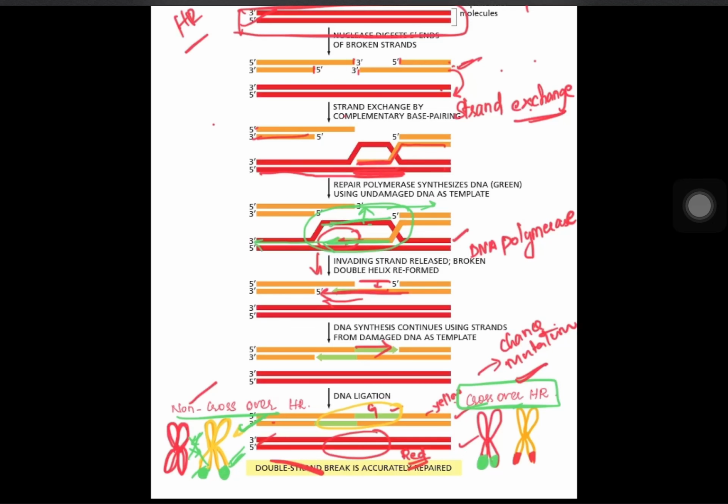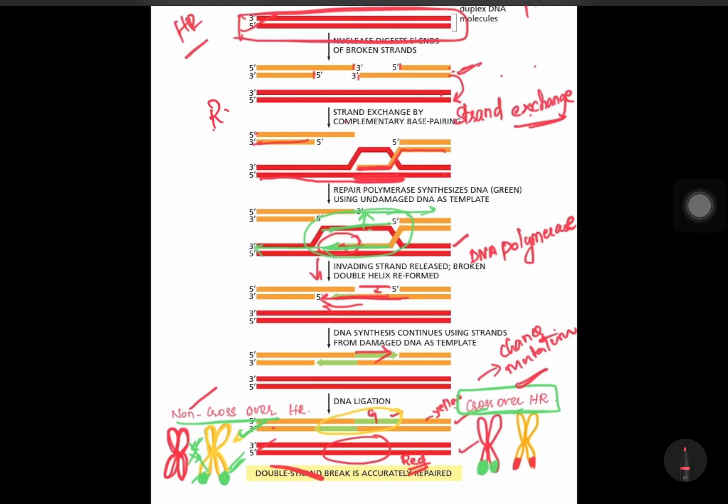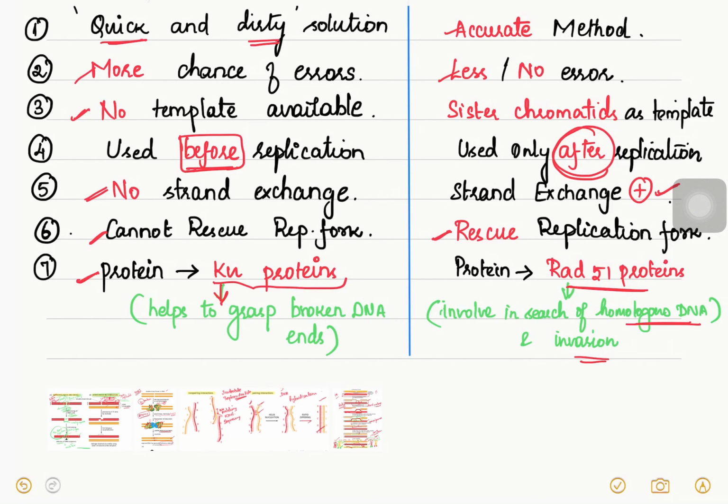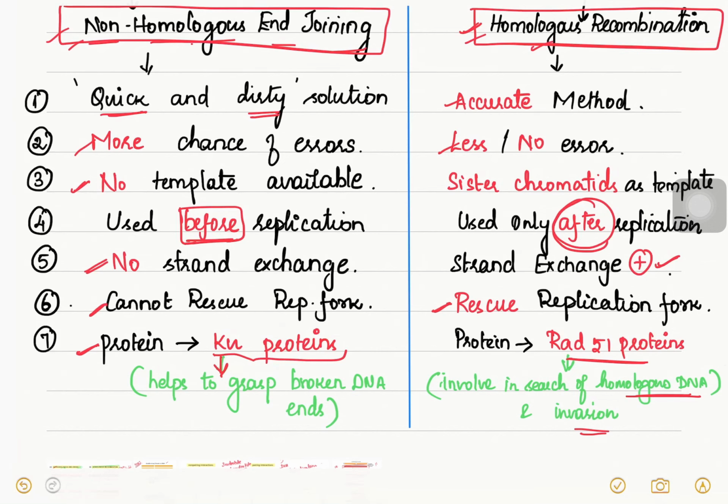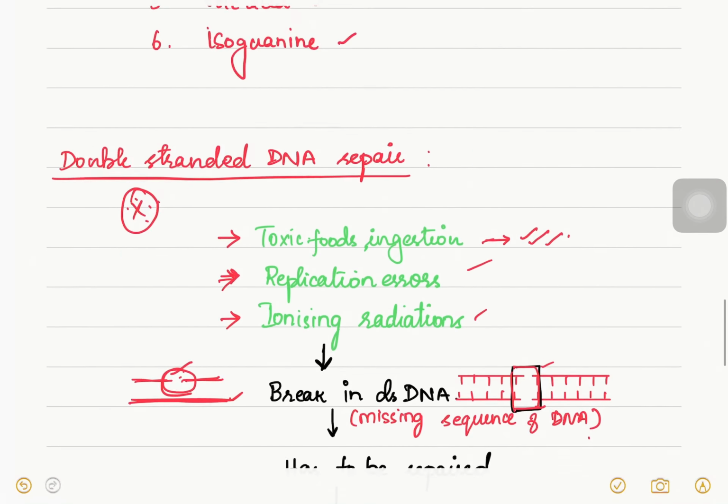That is, the function of Rad51 is that it is trying to find whether its complementary sequence is present in the sister chromatids. So that is the function of Rad51. This difference is very important, and from this difference we can understand the concepts also. Okay, thank you.